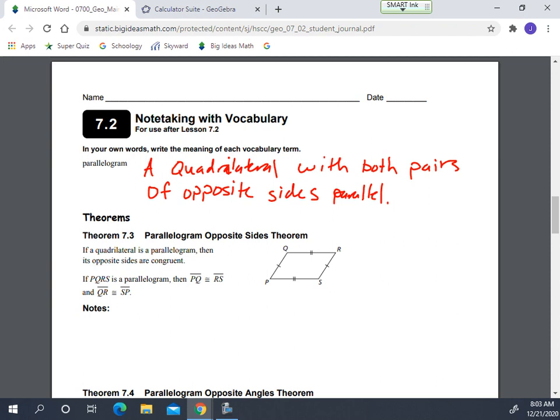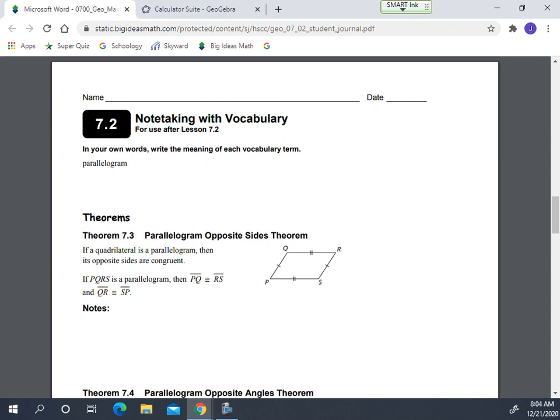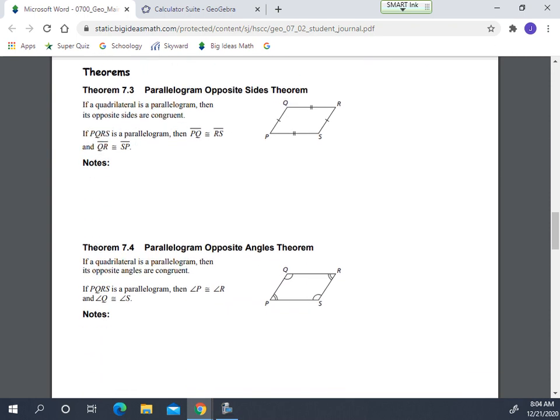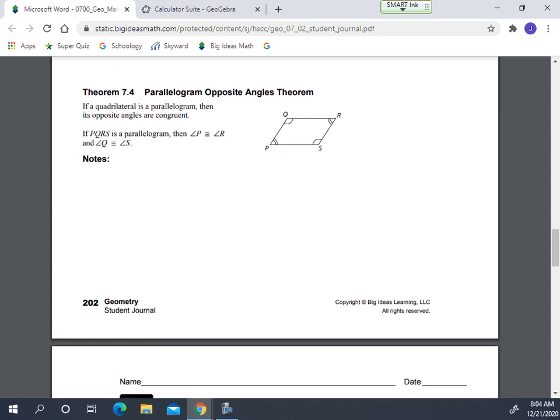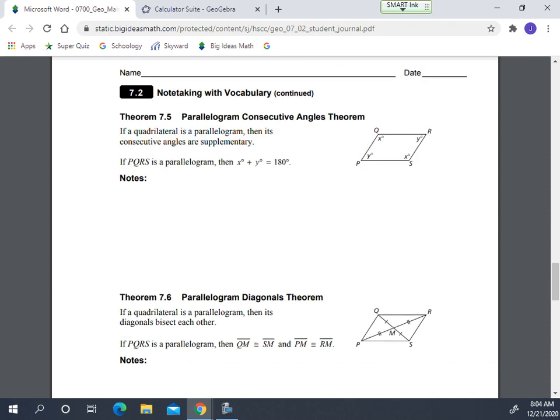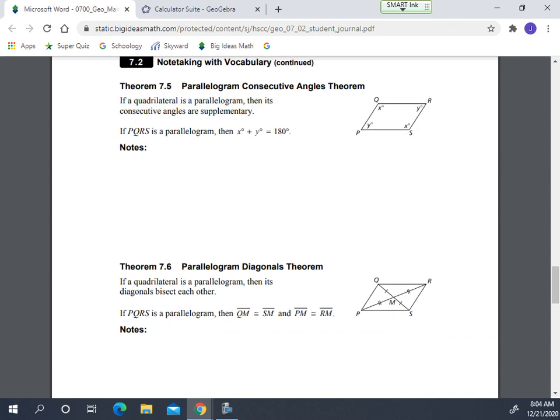Okay, well, let's get into the specifics, more detailed. Down here, parallelogram, opposite sides theorem says that its opposite sides are congruent. Okay, we know that. Its opposite angles are congruent, so that's the opposite angles theorem. The consecutive angles theorem, right?